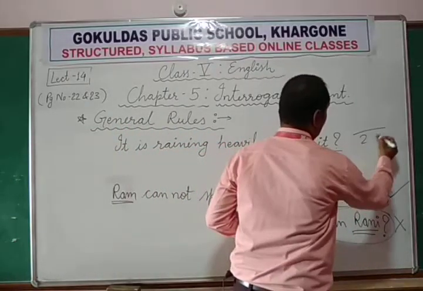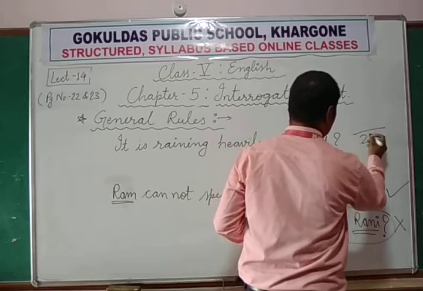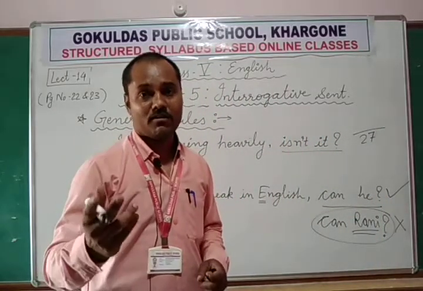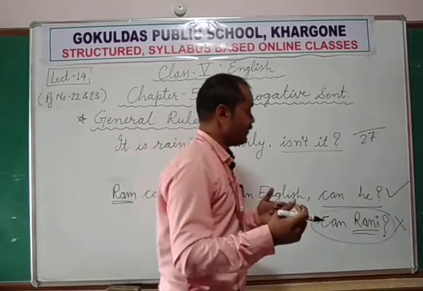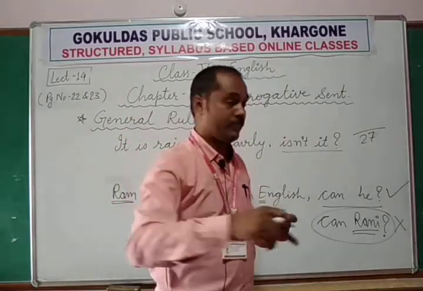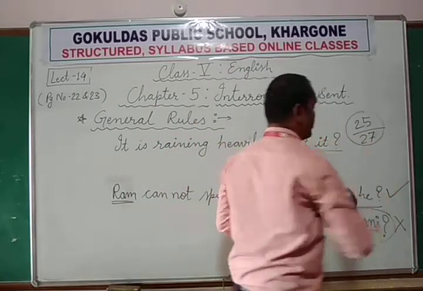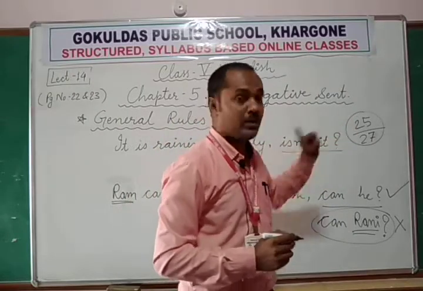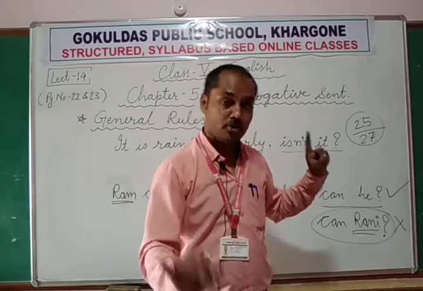Total sentences are 27. Suppose 2 of your sentences are wrong when you match with my answers. So at that time, if you have made 25 sentences correct, you can give yourself 25 out of 27. You can write here with the pencil only, okay, by yourself.